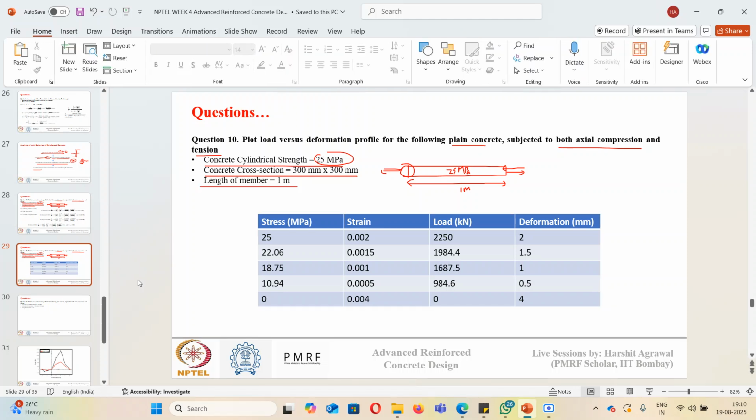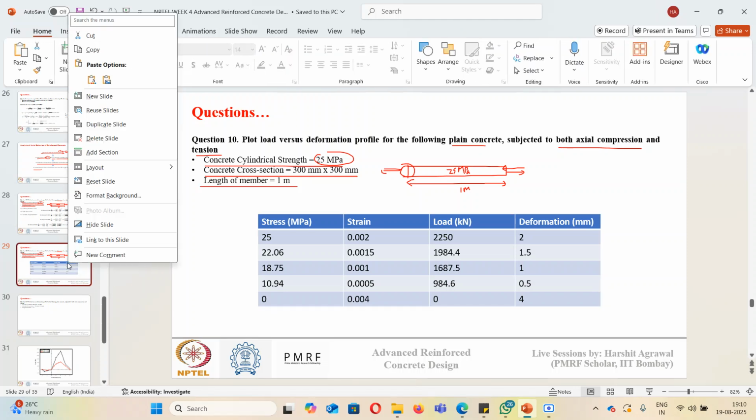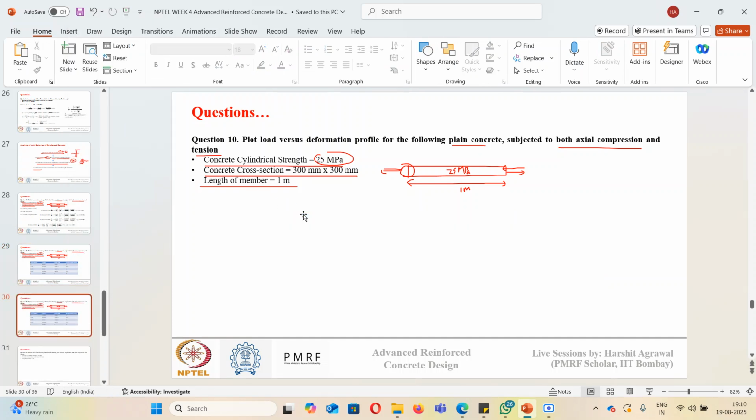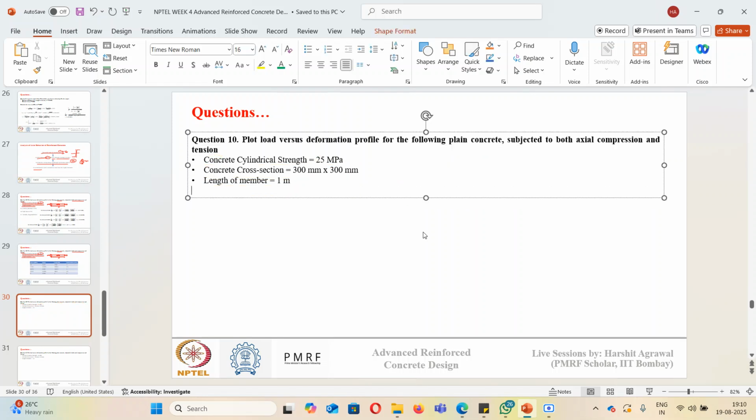Now, what about tension? We know under axial tension, the strength of concrete is 8% to 15% of that in compression.